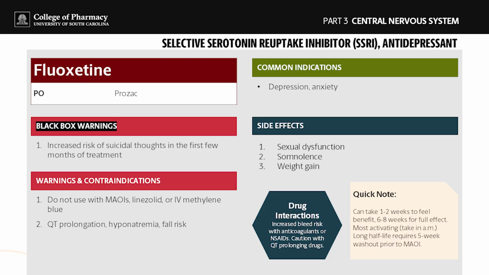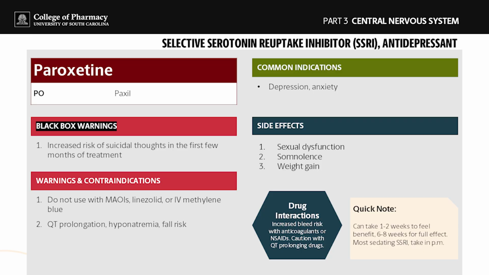Here's another SSRI antidepressant, fluoxetine. Brand name is Prozac. It is indicated also for depression and anxiety with similar side effects, or same side effects, as the escitalopram, citalopram. It also takes a couple of weeks to feel the full benefit, and it has the same black box warning, fluoxetine, Prozac.